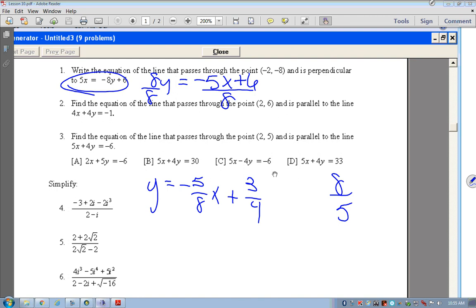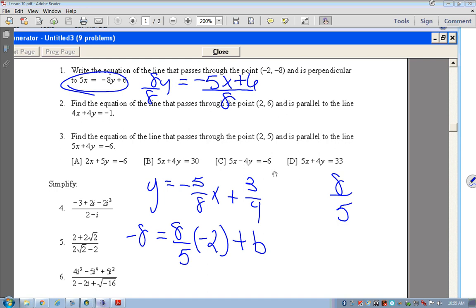So what we're saying then is -8 = 8/5 times -2 plus b, because we don't know what our y-intercept is, do we?